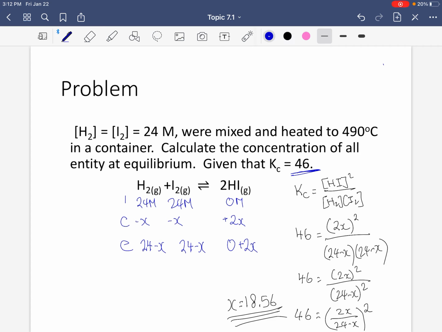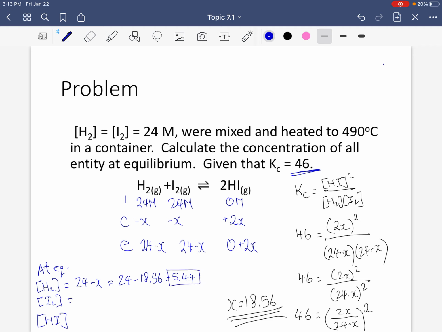All right, so let's finish this question. I think I can finish this question now. So at equilibrium, I know what H2 is, I know what I2 is, and I know what HI is. H2 is just 24 minus X, which is 24 minus 18.56, which is 5.44.